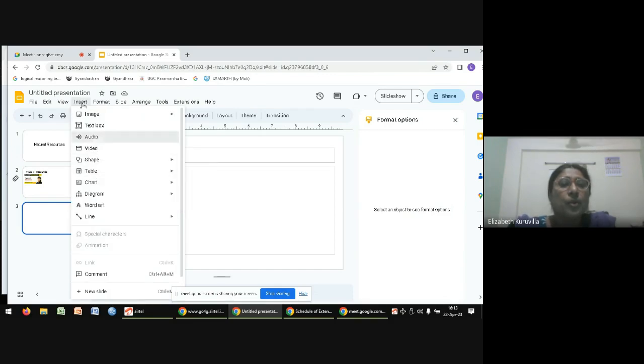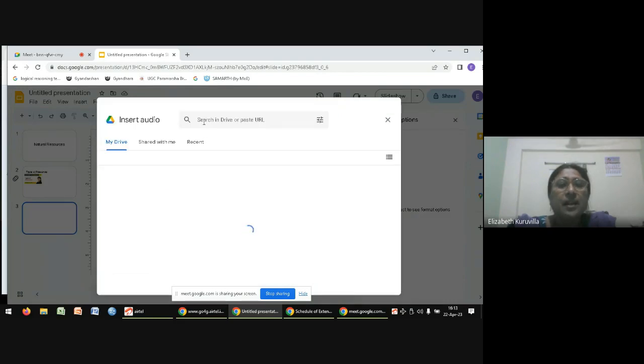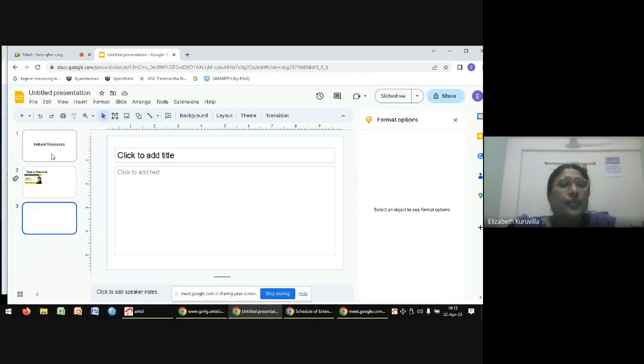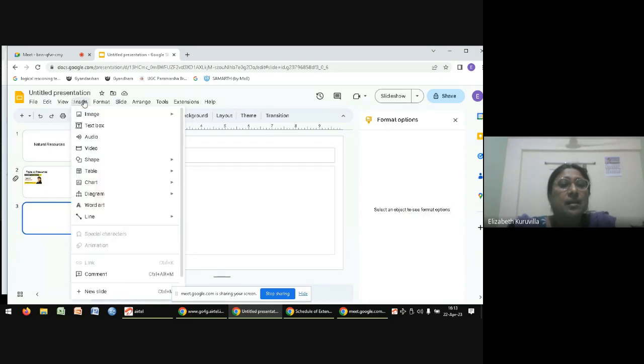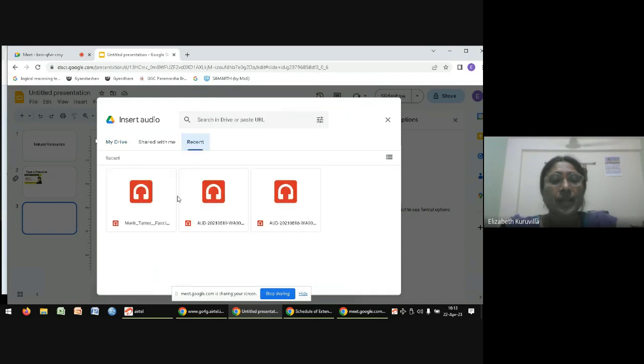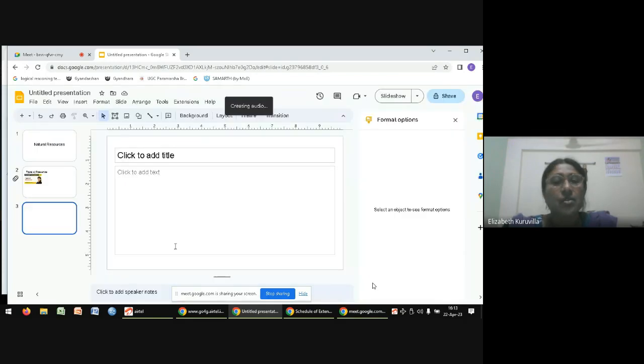Audio, if you want to include audio, go to audio, insert audio. There is no audio taken from my side, but if you have taken an audio on your own, you can click on this and put insert, so that the audio also will come.